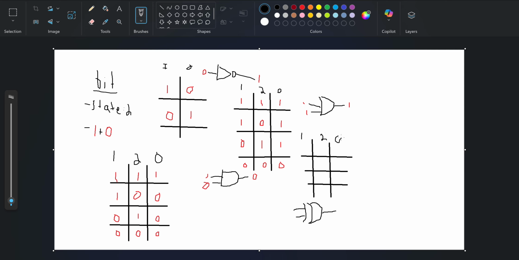So let's graph this. So let's say that we had a 1 and a 0. Can you figure out what the output would be? If you said a 1, then you're correct, because exactly one of the inputs was on. So let's draw that on our chart down here.